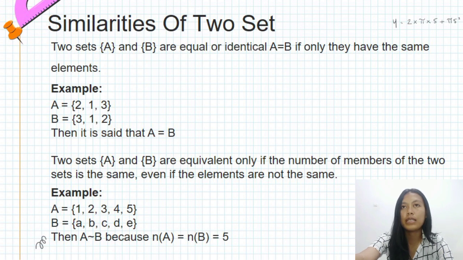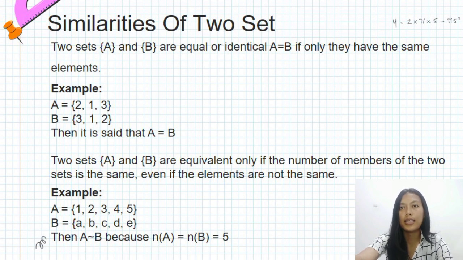Next, we have similarities of two sets. Two sets A and B are equal or identical, A equals B, if and only if they have the same elements. For example, A equals {2, 1, 3} and B equals {3, 1, 2}.